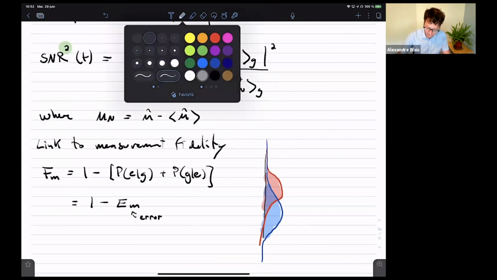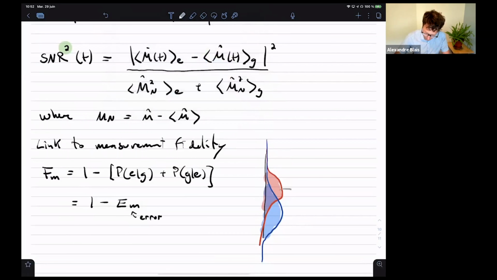Again, that separation is the signal, the width here is the noise, and the error is this overlap, okay? Whenever you see a signal in this overlap region, you cannot distinguish ground from excited. So you want to minimize this overlap.